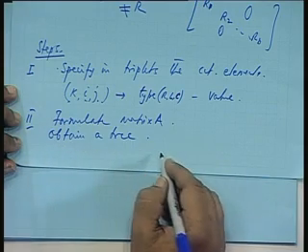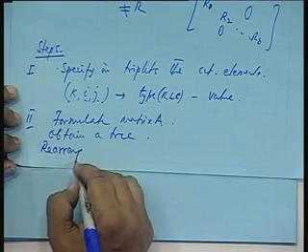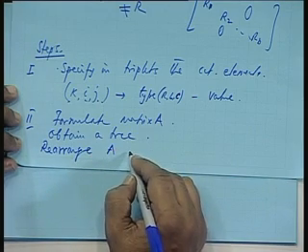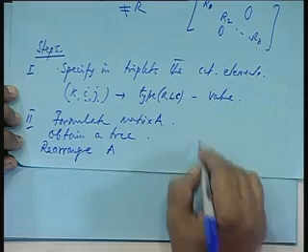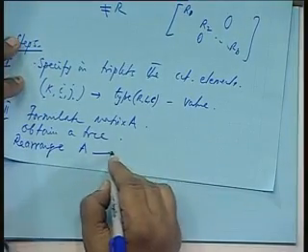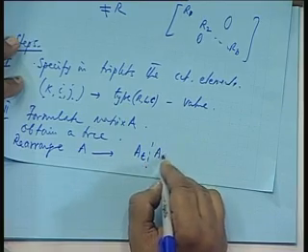Then rearrange the columns of A, exactly what we did earlier, that is, first the twigs and then the links, so A twigs and A links.